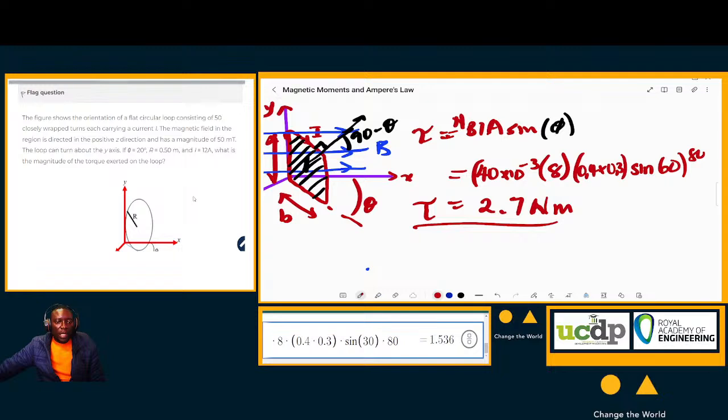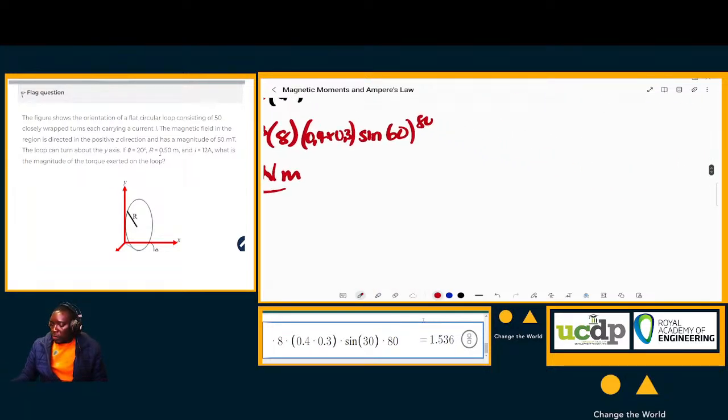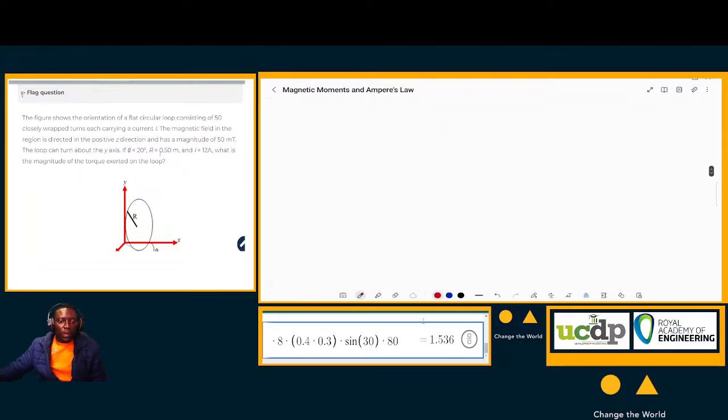We have a similar question here with theta given, where the figure shows the orientation of a flat circular loop consisting of 50 closely wrapped turns, each carrying a current I. The magnetic field in the region is directed in the positive z direction.